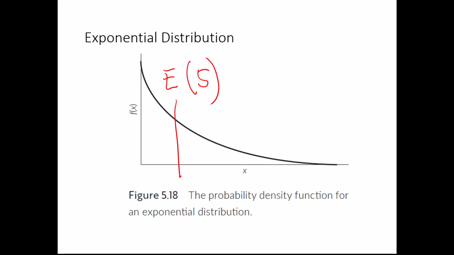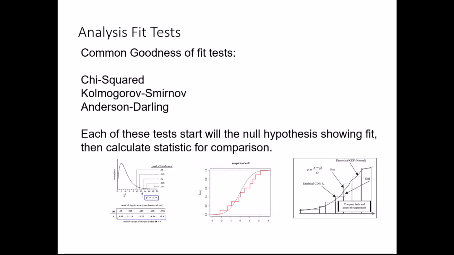And now you need to do what is called an analysis of fit test, known as the goodness of fit test. So you can use the chi-square method. You can use the Smirnov or Anderson-Darling test. We're going to have a video just to explain this, because this can get into hypothesis testing and it's another chapter.